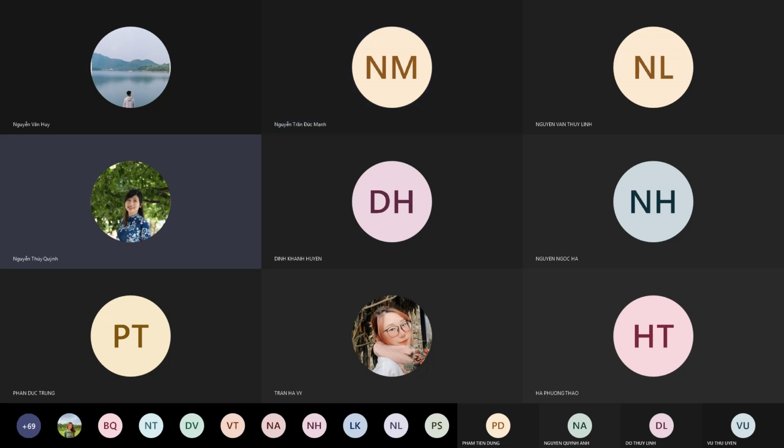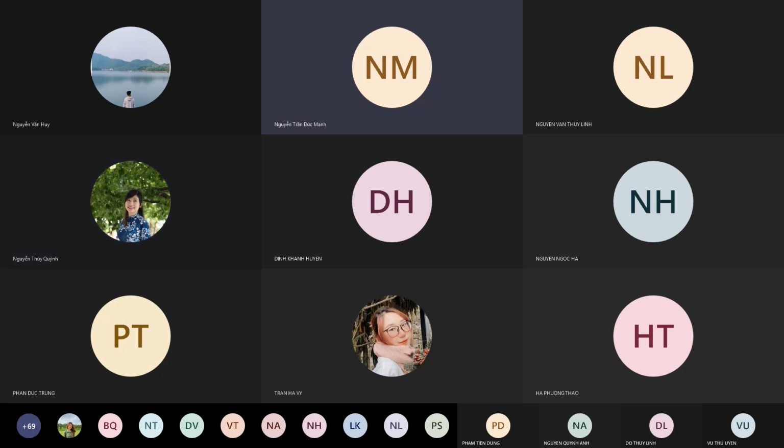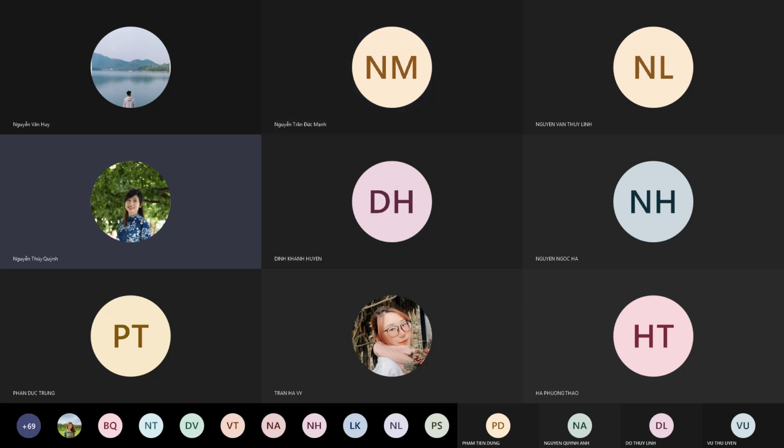So what will be the sample regression model? yi hat equals minus 9.3 plus 1.6 times xi. That is the sample regression model.